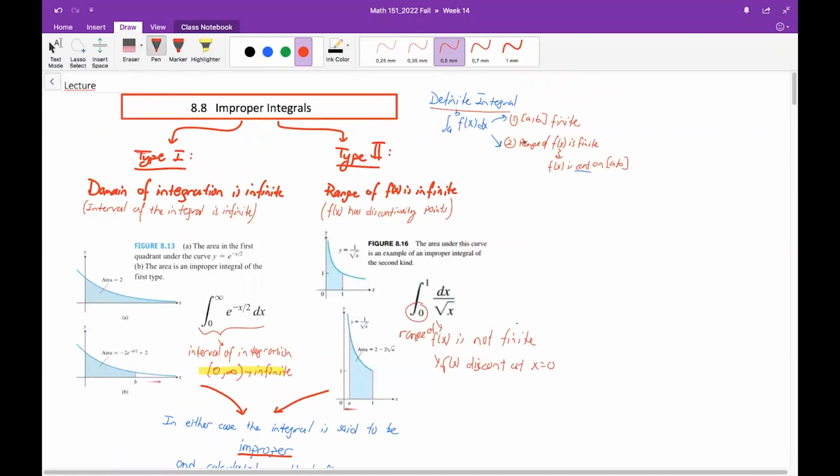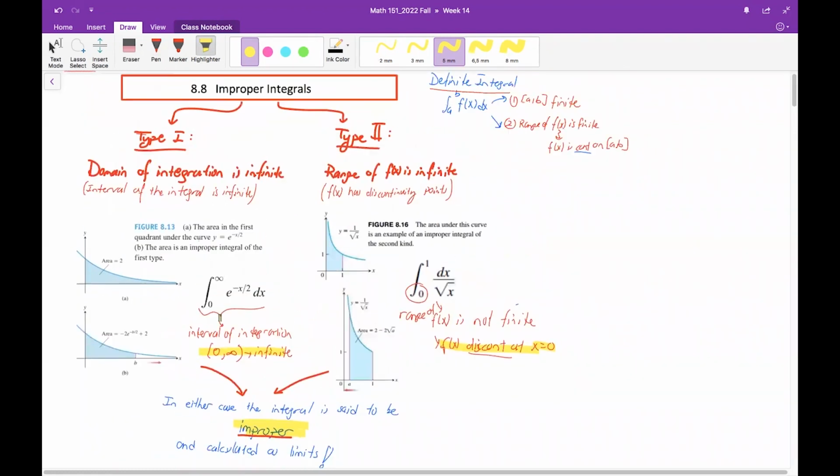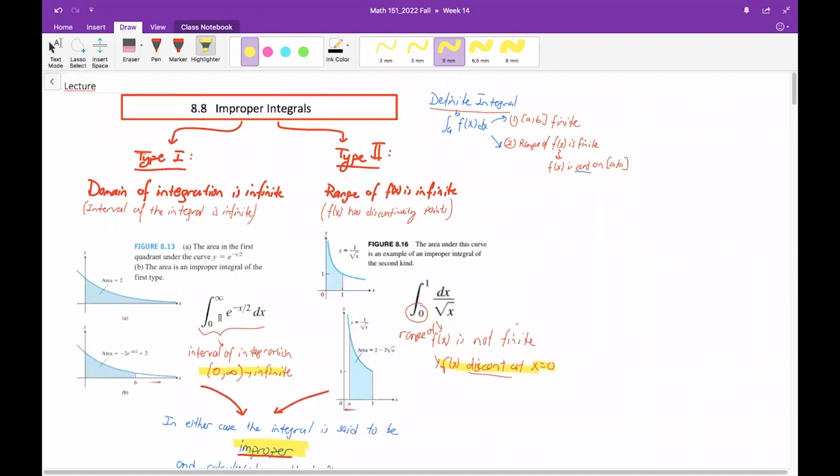So we will treat such integrals, which either have an infinite interval of integration or have a function with a discontinuity point over the interval of integration, differently than the definite integrals. In either case, the integral is said to be improper, and it will be calculated as a limit.